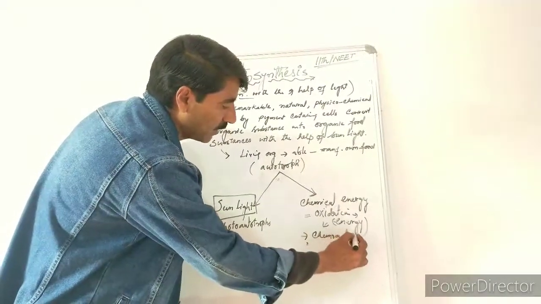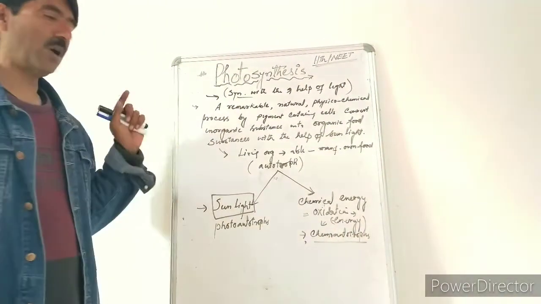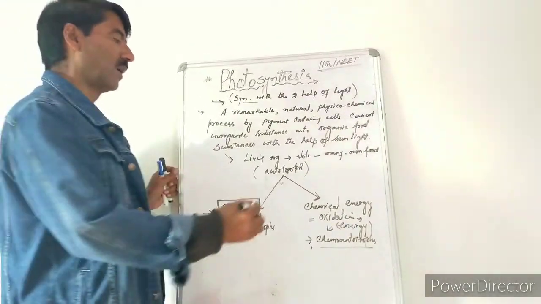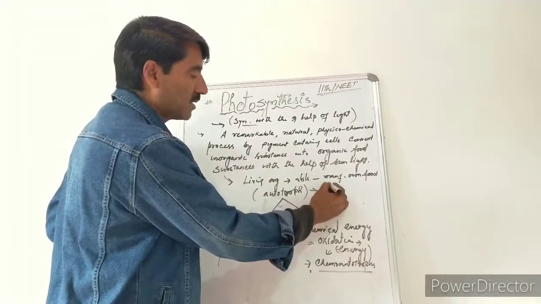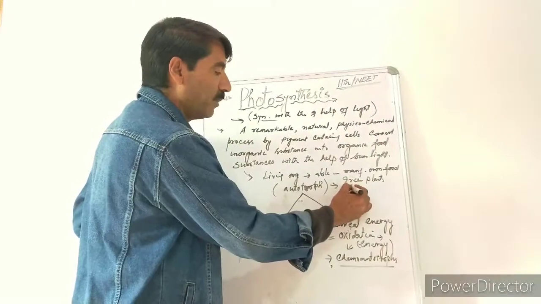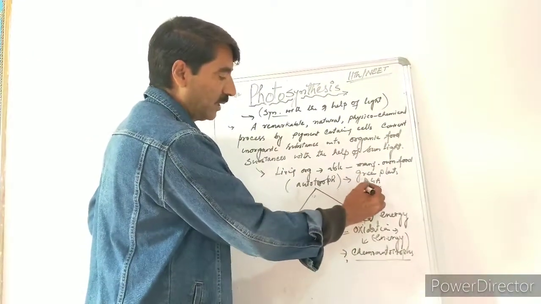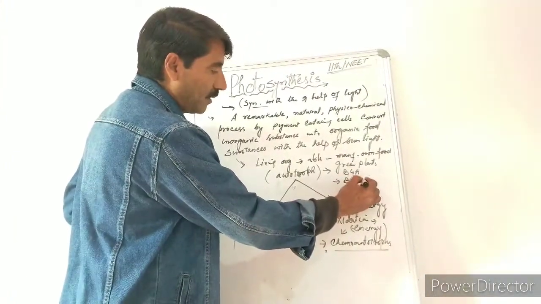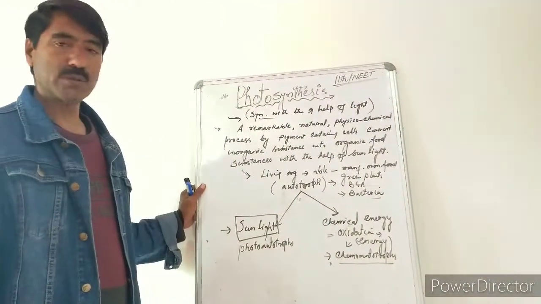इस तरीके से हम यहाँ पर देख रहे हैं कि वो लिविंग ऑर्गेनिजम्स जो अपना फूड खुद बना सकते हैं, these are called the autotrophs, and in this group we may include the green plants. We can include the blue-green algae, that is called the cyanobacteria, and there are some bacteria, they can manufacture their own food, so they are producers.